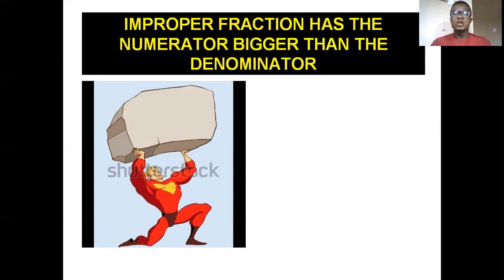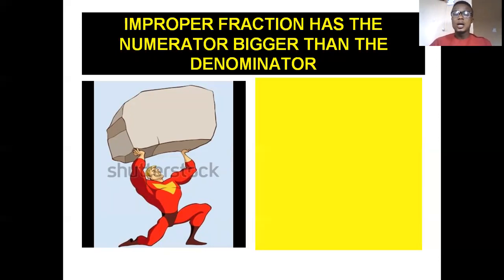So improper fractions have the numerator bigger than the denominator. Improper is not good, something that is not okay. So you see that in improper fractions, the number below will now be smaller than the one on top, making it difficult for the smaller number to carry the bigger number. That is why it is an improper fraction.